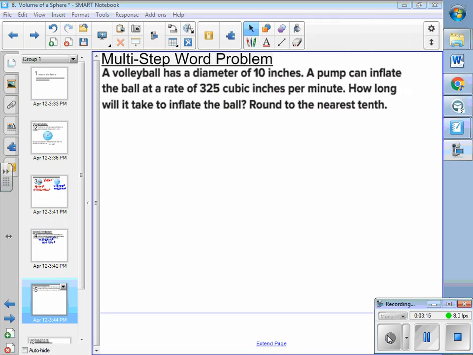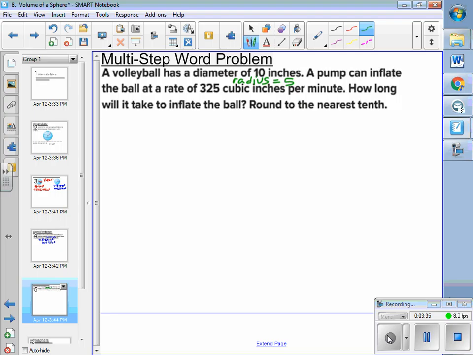Okay, next problem. We have a volleyball with a diameter of 10 inches, so the radius is 5. The pump can inflate the ball at a rate of 325 cubic inches per minute. How long will it take to inflate the ball? Round to the nearest tenth.